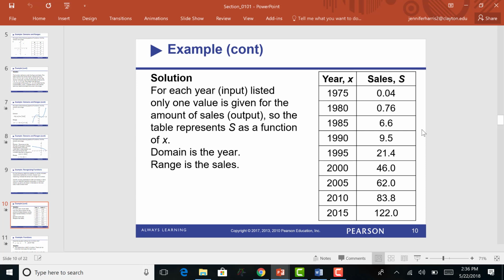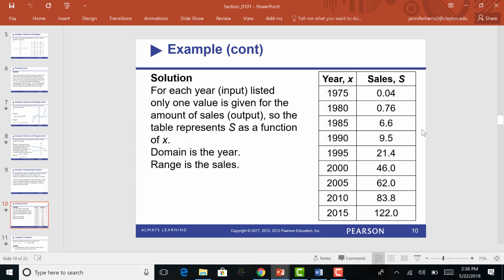All right, I want all the numbers what? In between. And? Okay, tell me how to write that in inequality notation. Should be 1975 less than or equal to x, less than or equal to 2015.